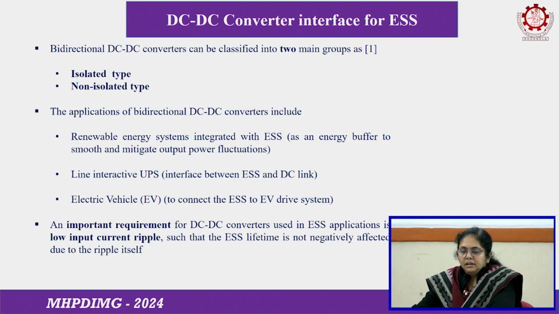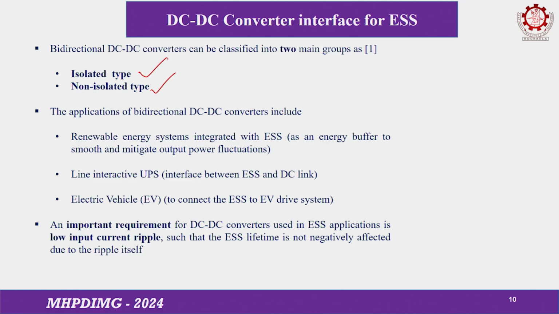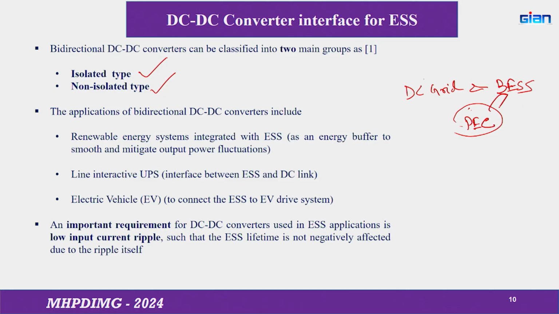Then our main goal is to talk about this DC to DC converter interface. So, we are integrating this with a DC grid, in between the DC grid and the battery energy storage system. Battery energy storage means the battery, the energy storage unit, along with the power electronics converter. The power electronics converter forms this battery energy storage system.